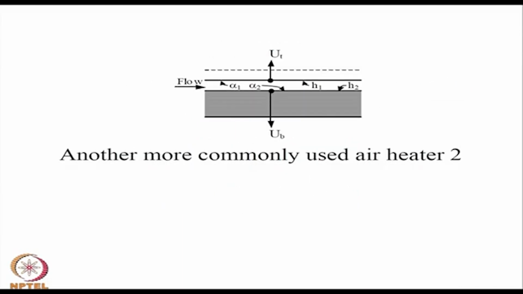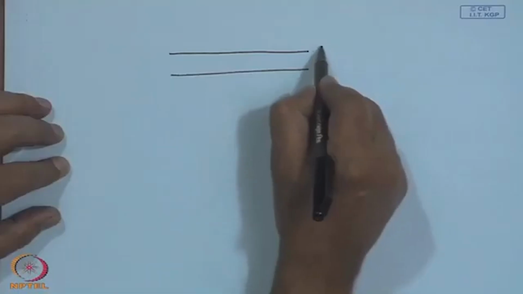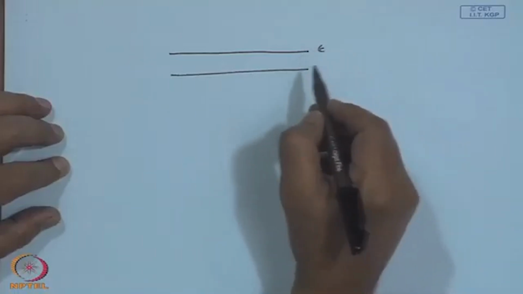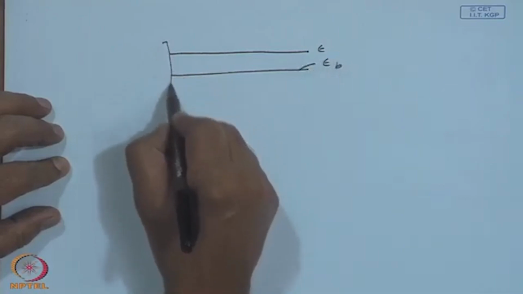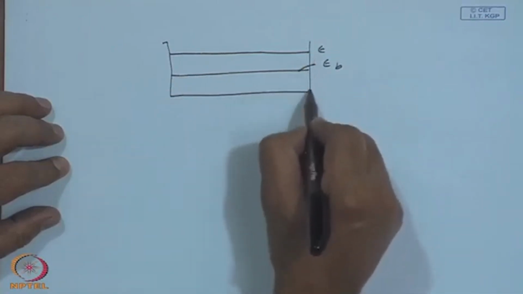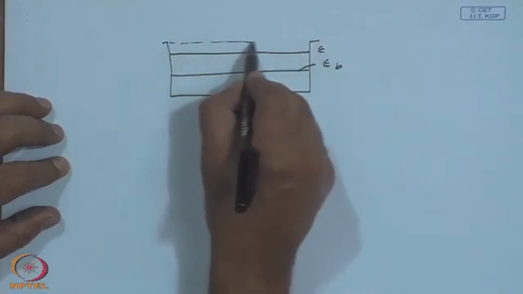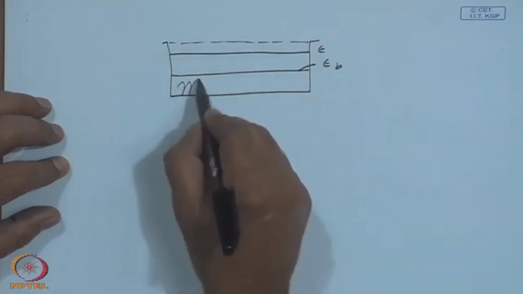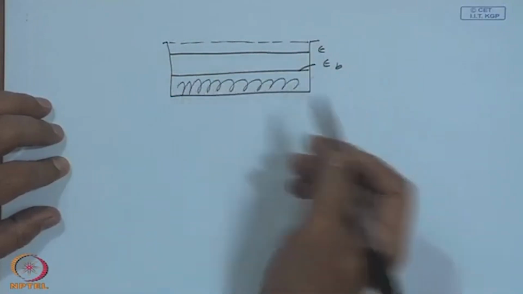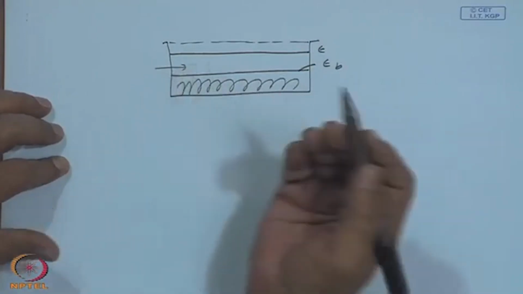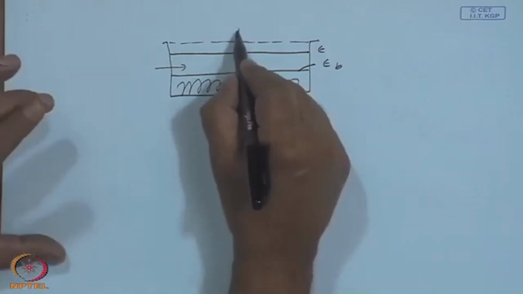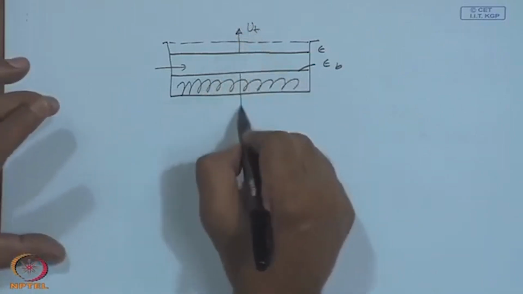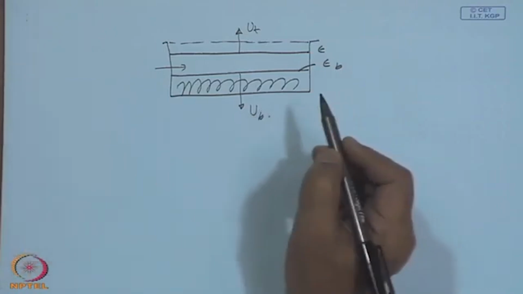And this is also something we have considered: a duct formed by an absorber plate of emissivity epsilon and a bottom plate kept in a box with a top cover, and this being insulated and the flow being in this direction or perpendicular, depending upon the view, and this is your U T and this is your U B, that is the bottom loss coefficient.